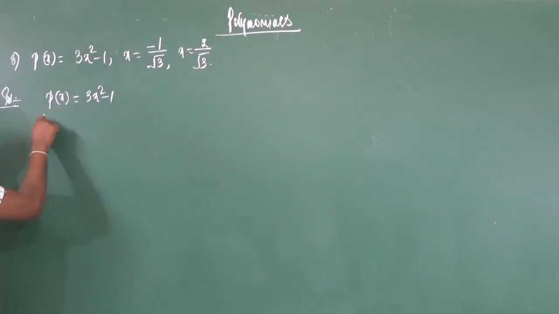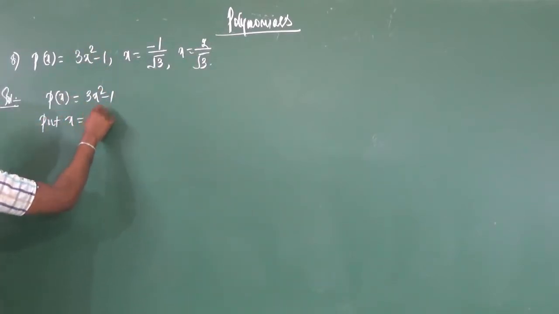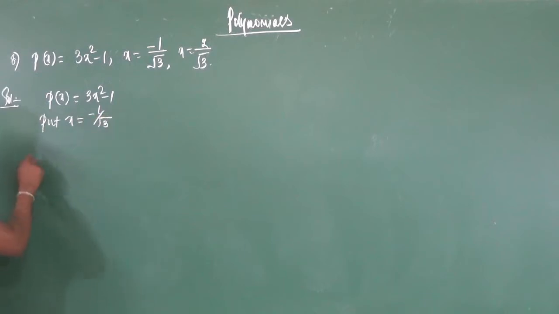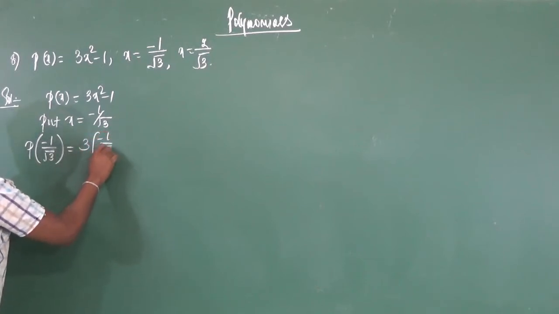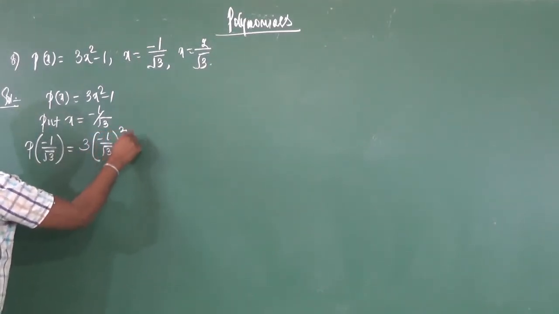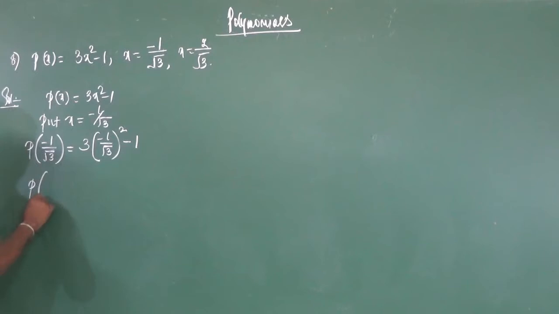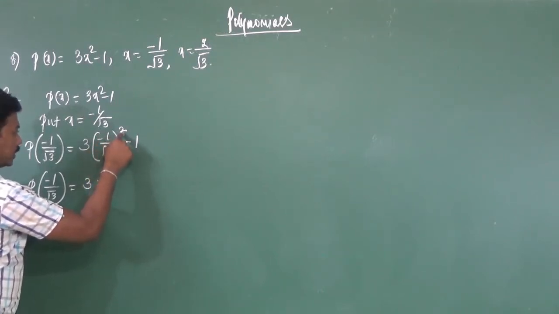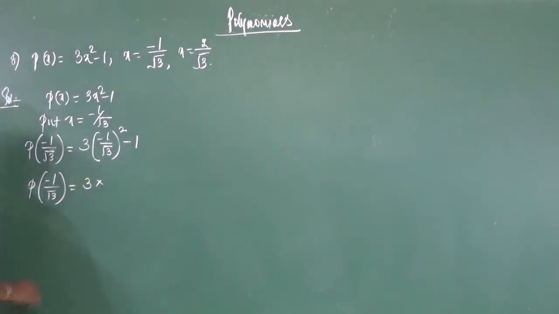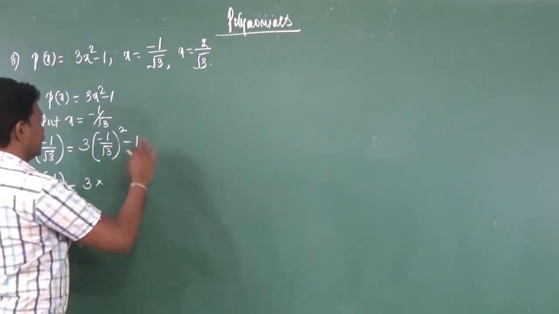So now put x is equal to minus 1 by root 3. So p of minus 1 by root 3 is equal to 3 into minus 1 by root 3 whole square minus 1. So p of minus 1 by root 3 is equal to 3 into, this square applies for minus 1 and this square applies for root 3 also. So I will show how it happens.